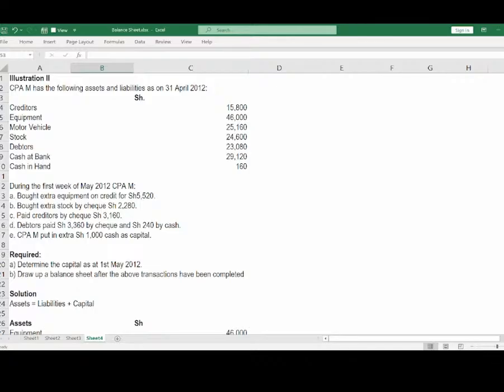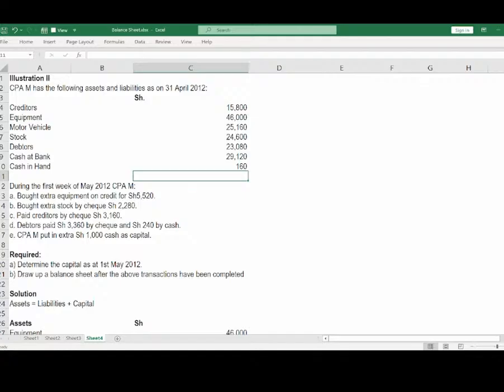Again, let's look at illustration 2. CPM has the following assets and liabilities as at 31st April 2012. So you have the creditors, equipment, motor vehicle, stock, debtors, cash at bank, cash in hand.